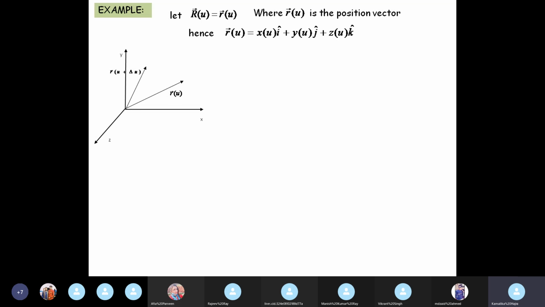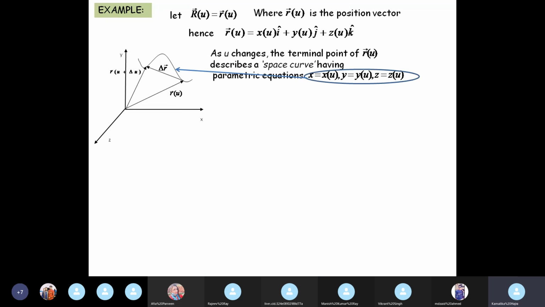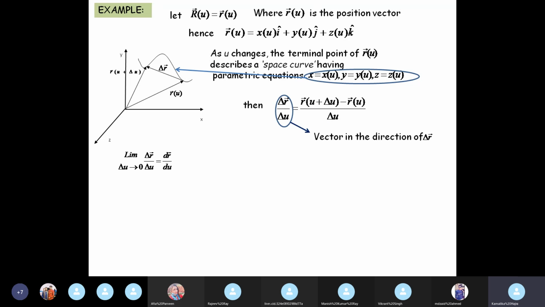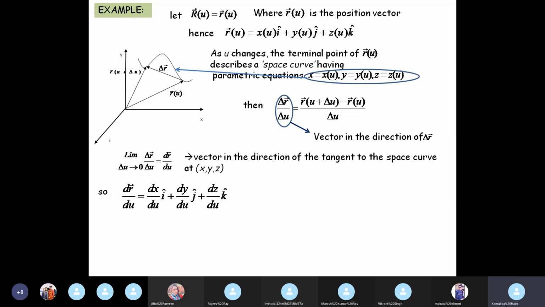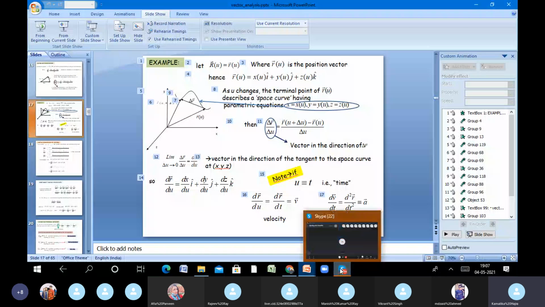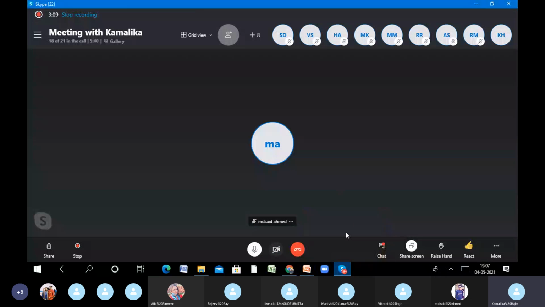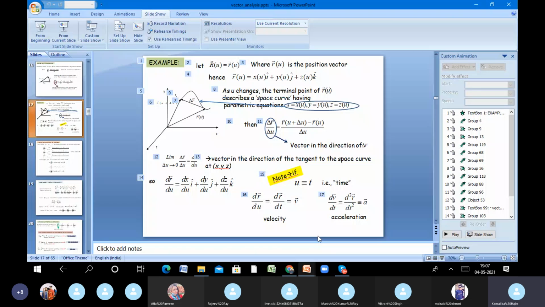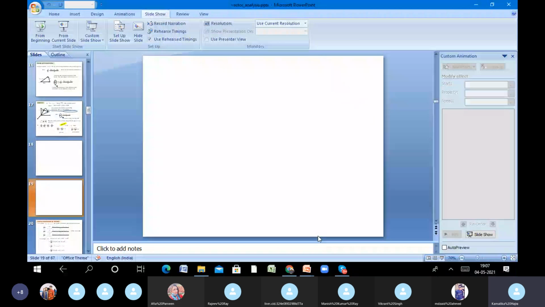Some examples, and I showed you how this derivative basically represents the space curve, and then how, by definition, we get velocity from position. And then acceleration from velocity, and so on and so forth. All right.